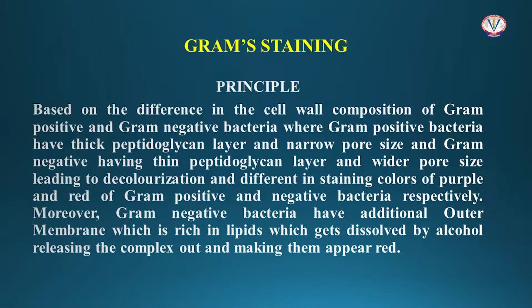Similarly, another difference is that gram negatives have an additional outer layer made up of LPS, which has high lipid content. So these lipids get dissolved on decolorization with acetone alcohol. When this outer membrane is lost, this complex easily comes out and they appear red or pink.